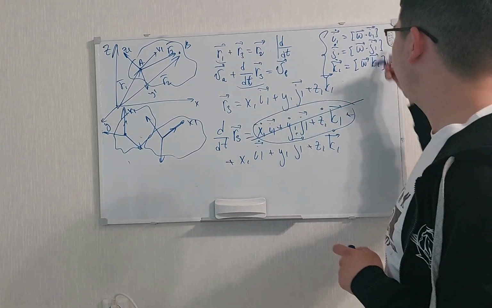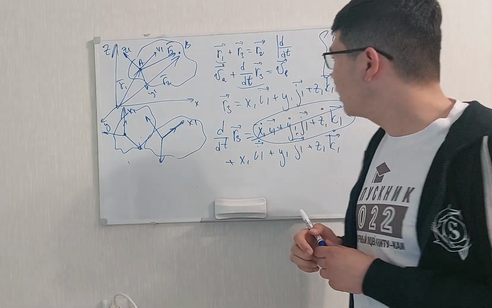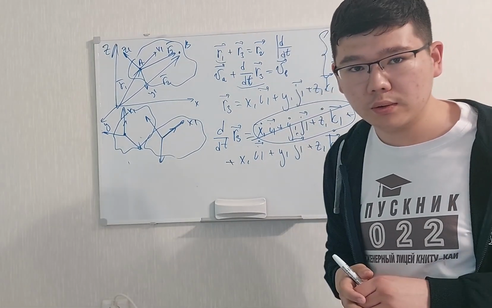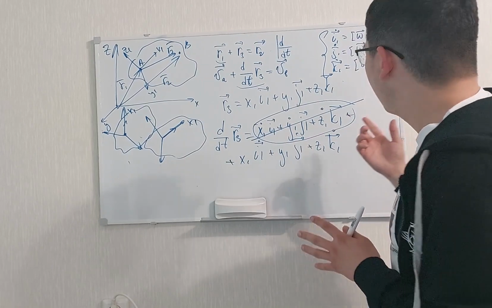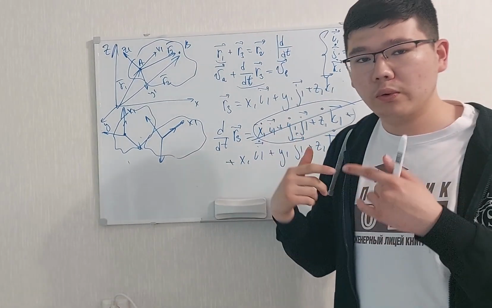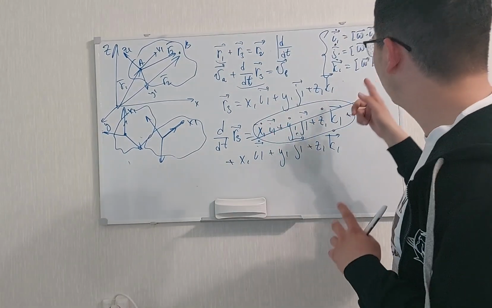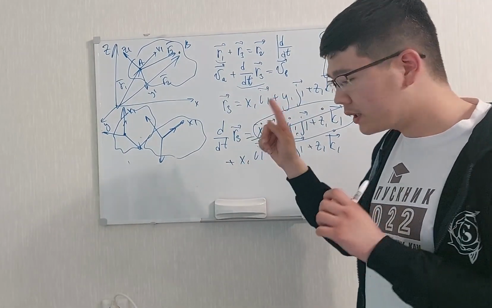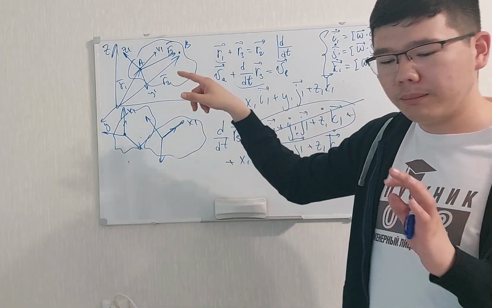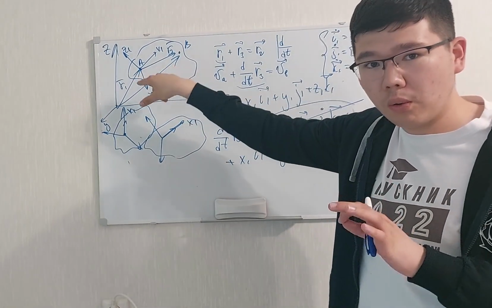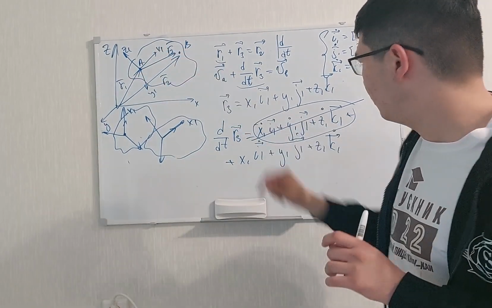This is called Poisson's system of equations. They show us how the derivatives of basis vectors are connected, especially when we study motion in an orthonormal coordinate system.